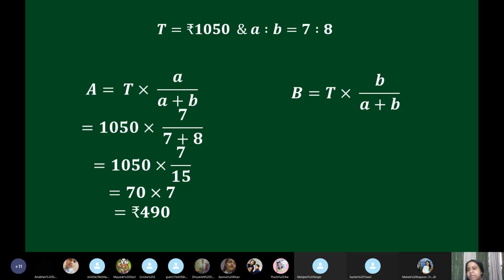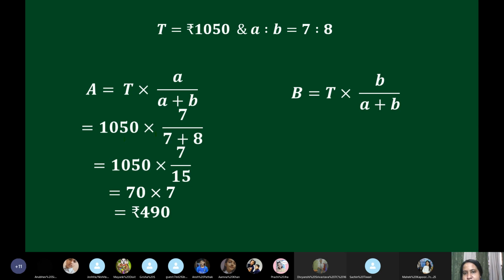If it had 3 parts, we have to break it into 3 parts. If we have to break 1050 into 3 parts, what will be the change in formula? You can create it by yourself. The standard formula is total quantity into the ratio of the part you have to calculate upon the sum of all the parts.